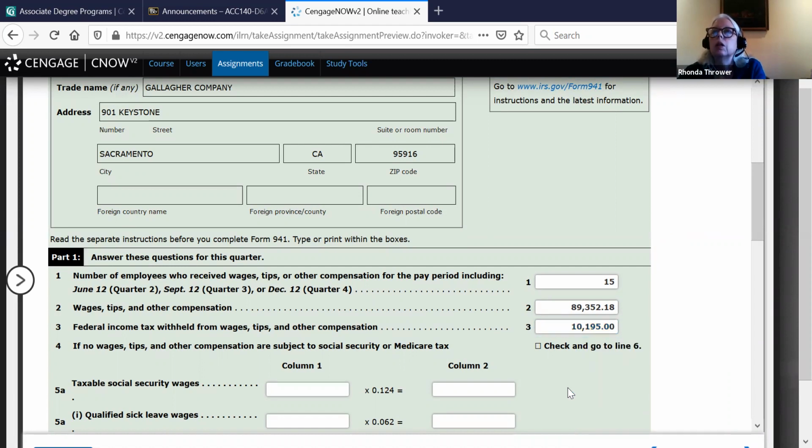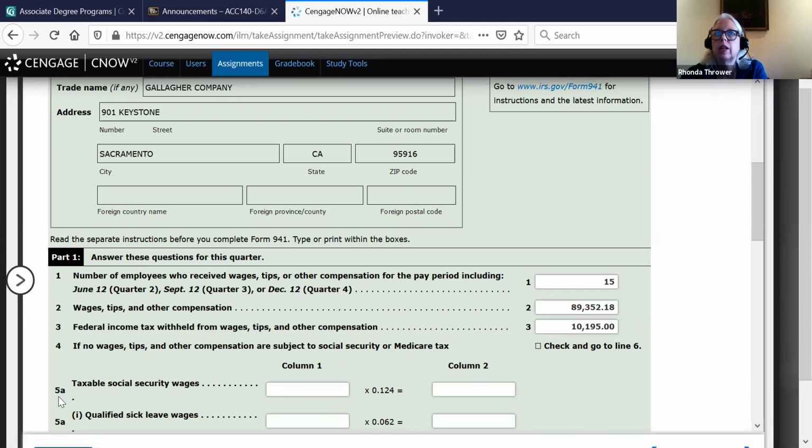All right, then we're going to move to line 4. If no wages, tips, and other compensation are subject to Social Security or Medicare, we would check this and go to line 6. But our wages that we've withheld here are subject to Social Security and Medicare tax.